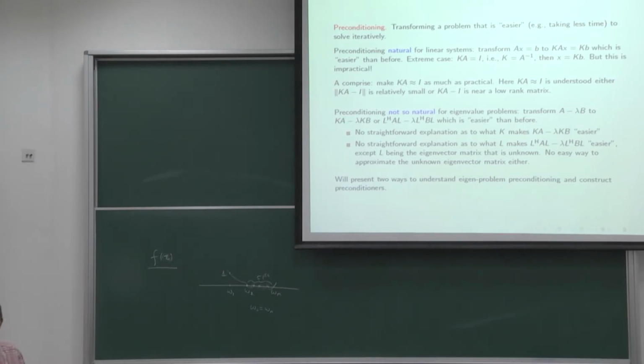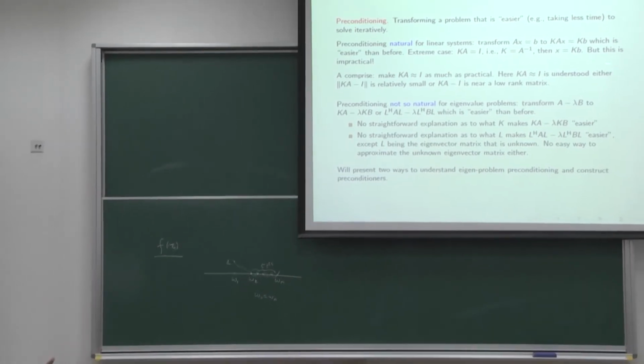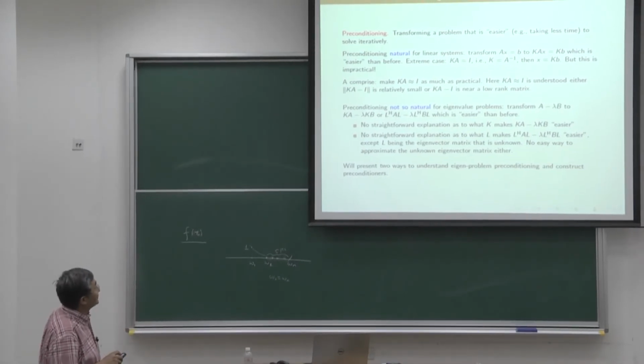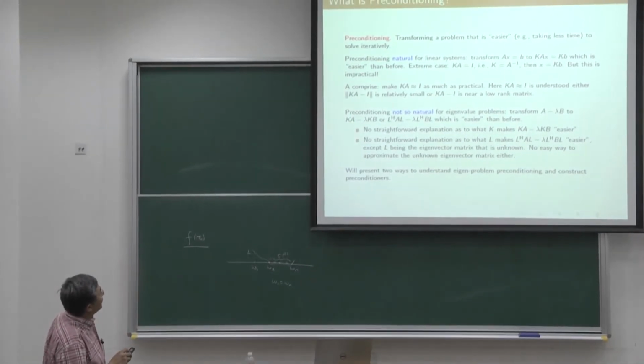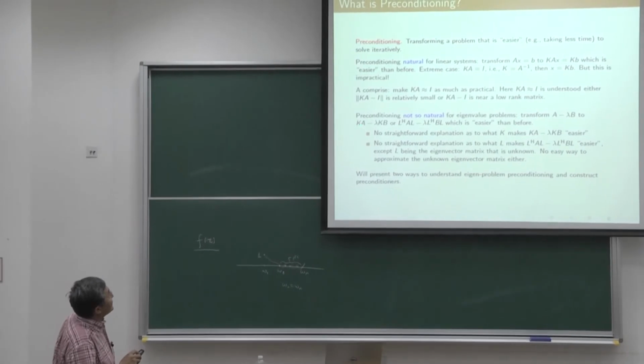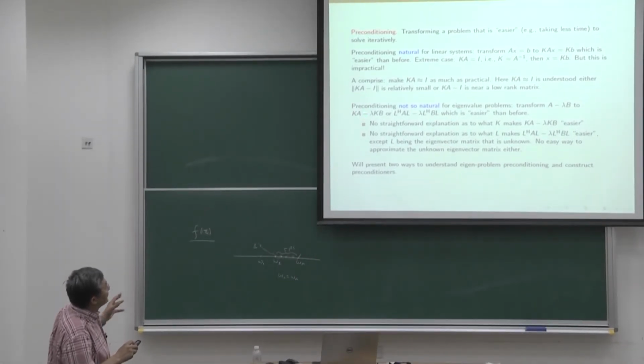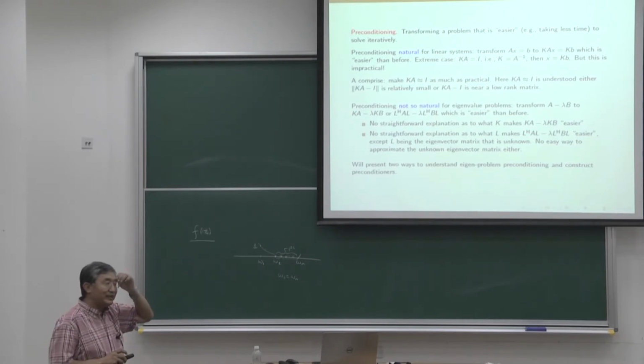It doesn't come naturally. In the linear system case, if I make it almost identity, in the extreme case identity, I get instant convergence. Now here, what is the extreme case? Is there any K that I multiply from the left such that I get the eigenvalue instantaneously?